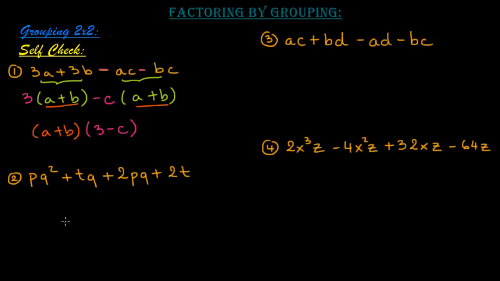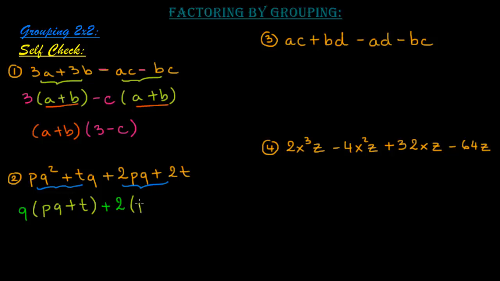The next problem, we're going to do the same thing. Grouping 2 by 2, factor out the first two terms and the last two terms. The common factor of the first two terms is q, so I'm going to factor out the q. That leaves me with p q plus t. The common factor of the last two terms is positive 2, so I factor out the positive 2.